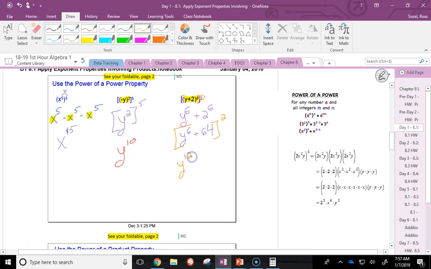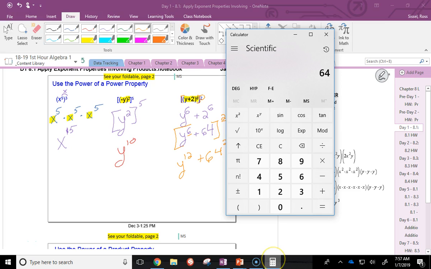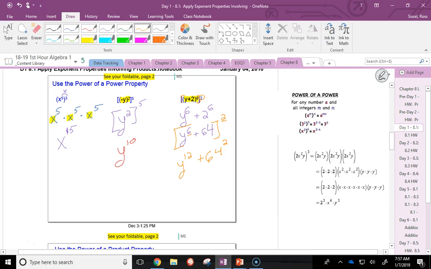Y to the 12. The 6 times the 2 is 12. And then plus 64 squared. Did you not do 64 times 64 in your head? So times 4,096. That's what I got. Okay? Not too bad.